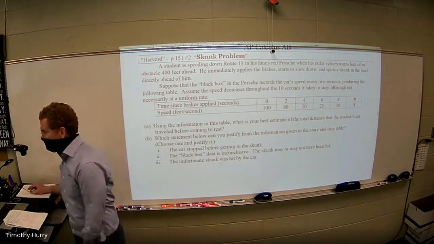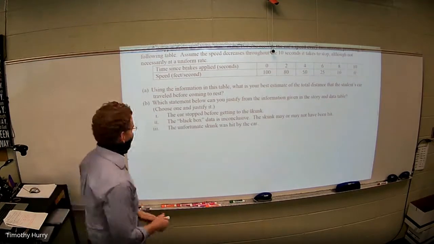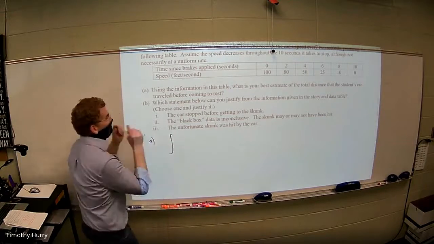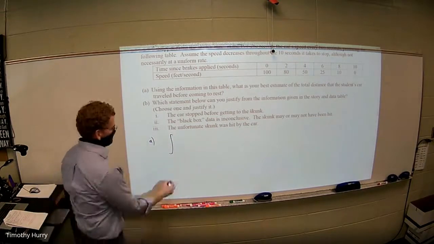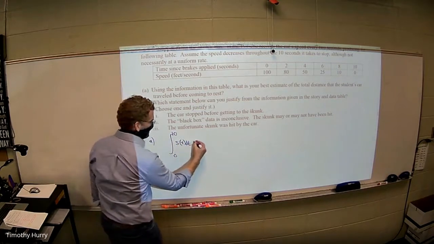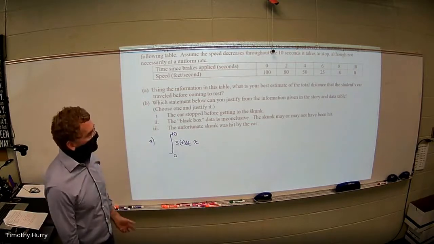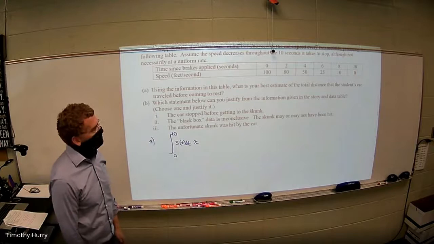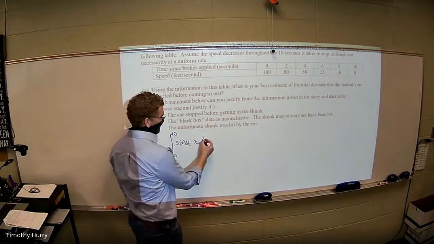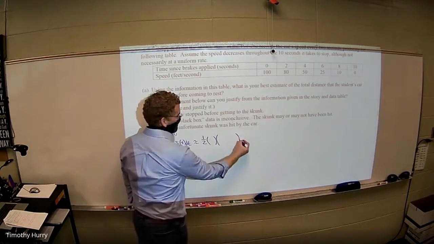Okay, so if we use a trapezoid, which I tend to like, trapezoidal accumulation, this is part A. So the integral from 0 to 10 of my speed function, s of t dt, is approximated by what? Now, how many little sections am I going to have here? 5. So I have 5, and the formula for trapezoid is 1/2 times base times the sum of the heights.